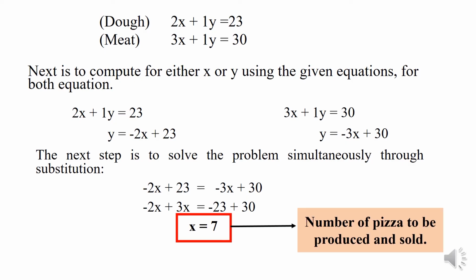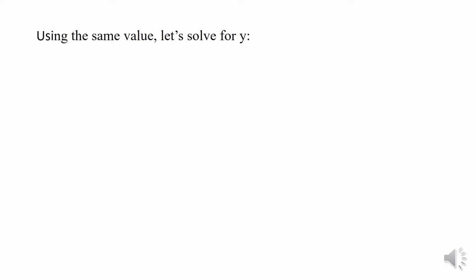So this 7 is the number of pizzas to be produced and sold. Now let us solve for the value of y using the computed value of x, which is 7. Using the dough constraint, we have 2x plus 1y equals 23. Hence, we get 2 times 7 plus y equals 23.